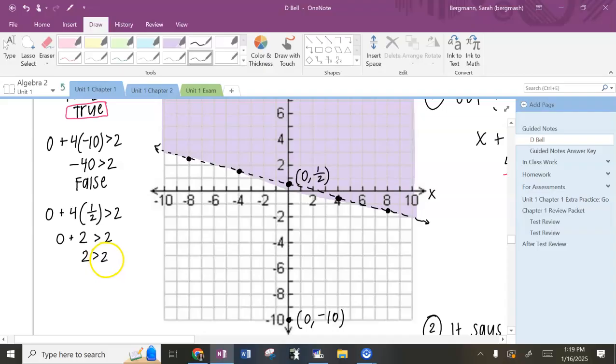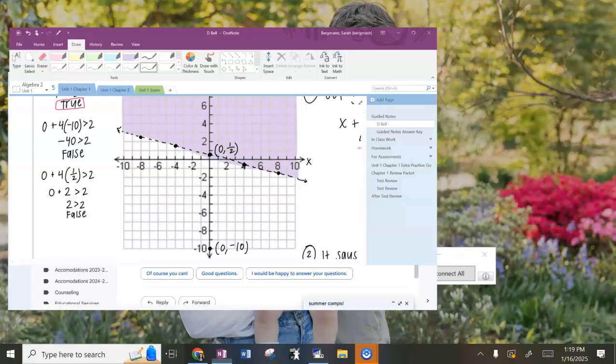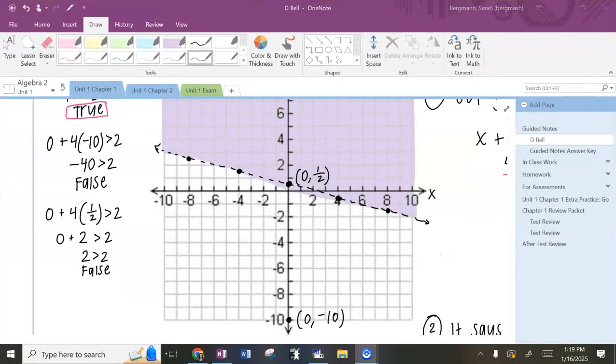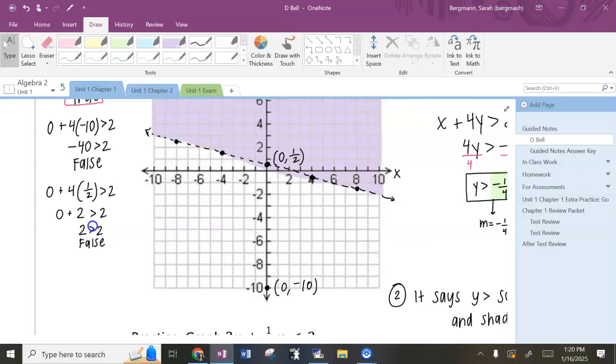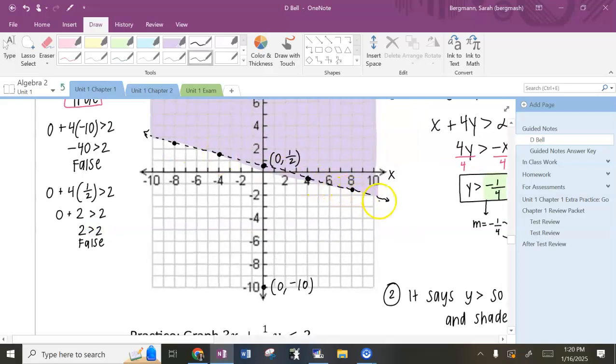Is 2 greater than 2? No. So this is a special case where you end up with the same number on both sides. And in this case, it's false because 2 is not greater than 2, because it doesn't have an equal sign under it. That's why we had to use a dotted line. So the dotted line tells us that the points that are actually touching that line will make the inequality false.